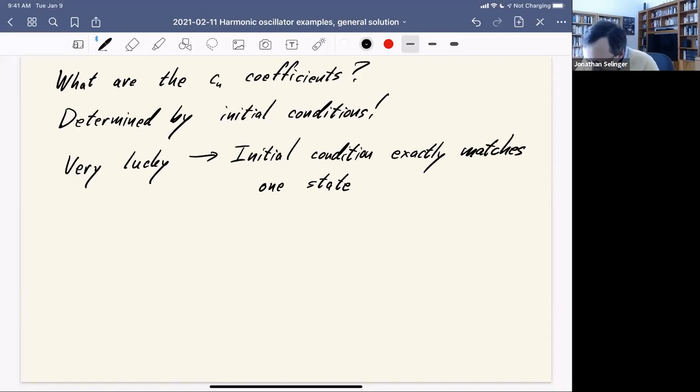So maybe the initial condition is that psi of x at time t equals 0 is equal to our wave function psi 169 of x, right?